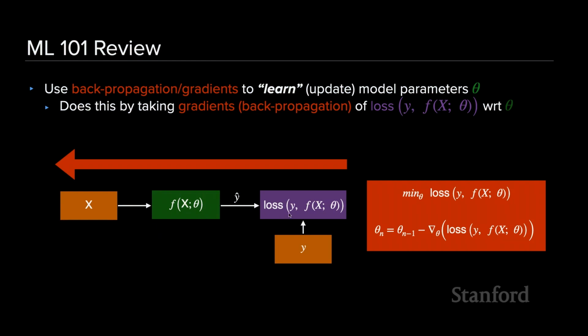The way you learn it is you define a loss function, which tells you the difference between the actual labels, so is it actually a cat or not, versus the predicted labels, which is what your model is saying. Then you backpropagate, or optimize this loss function, by passing gradients through the network. That updates your model parameter theta, eventually leading to a reduction of this loss function.